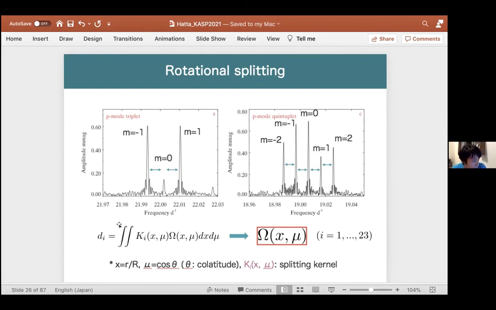The number of these linear integral equations is identical to the number of the observed rotational shifts. By inverting the set of linear integral equations, we can finally infer the internal rotation profile. Actually, the number of observed modes is very small compared with, for example, the case in helioseismology. But we can infer the internal rotation profile.